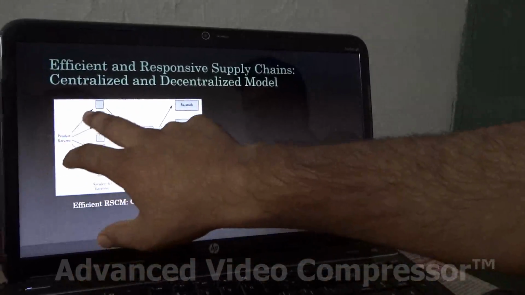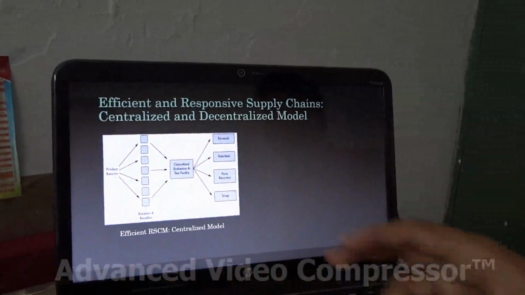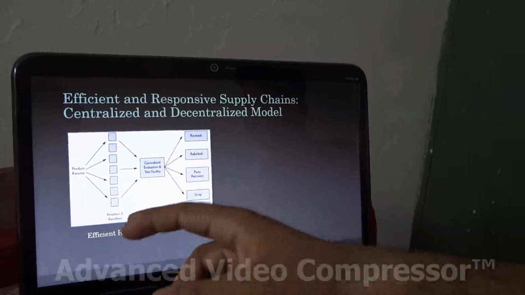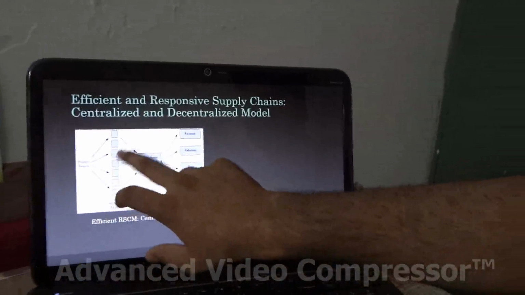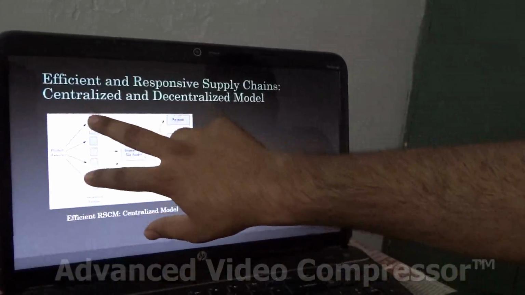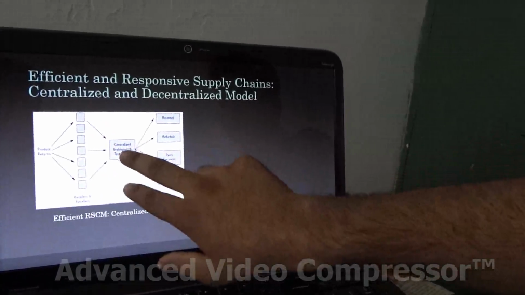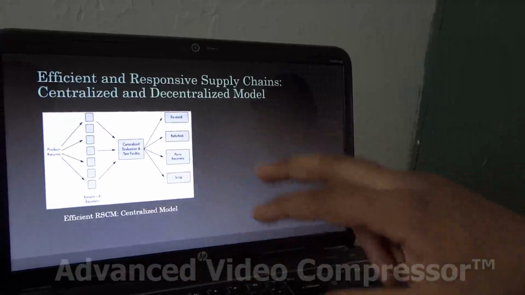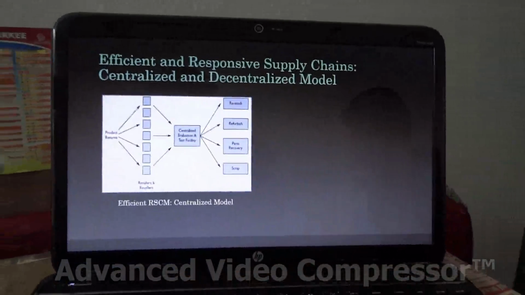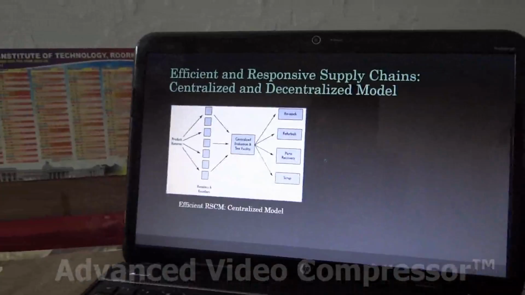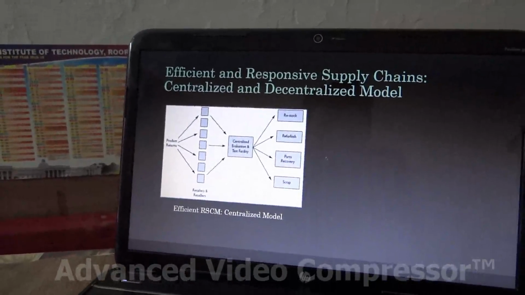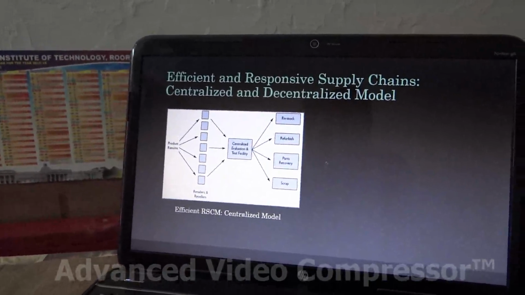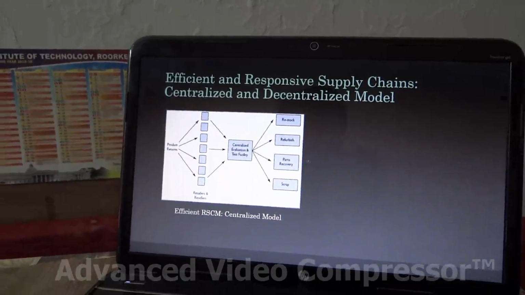The product returns can be of different types like scrap or restock, etc. They all are returned, and all the products are brought to a centralized facility. At this central facility, these products are evaluated, and cost efficiency is obtained by centralizing testing and evaluation of the returned products.